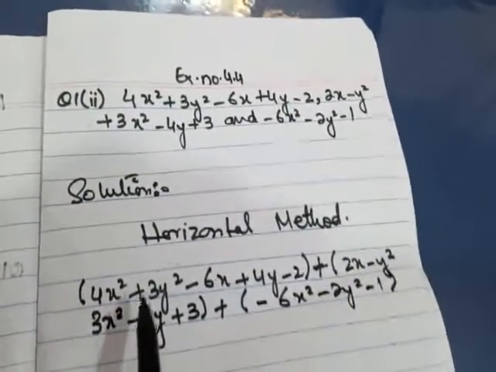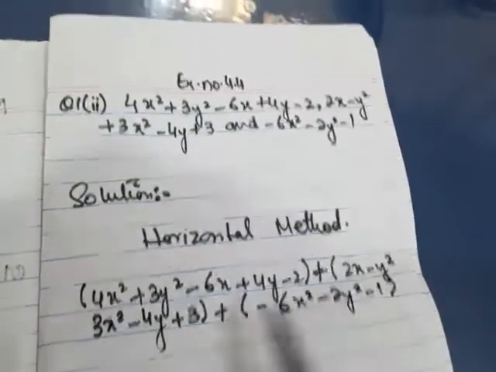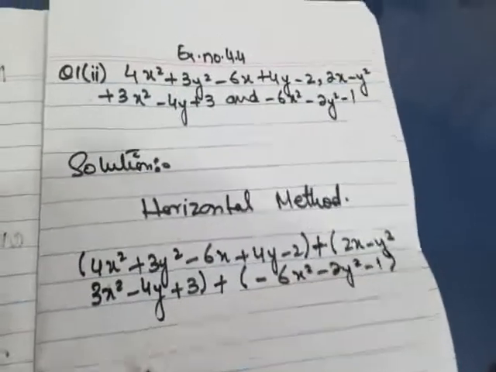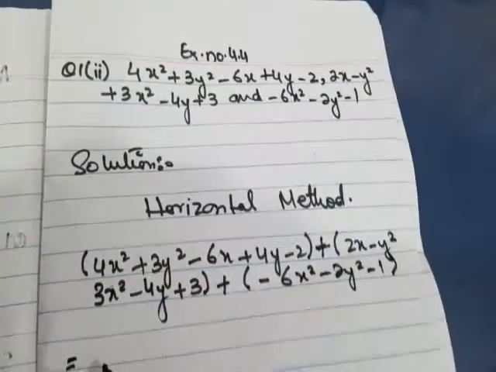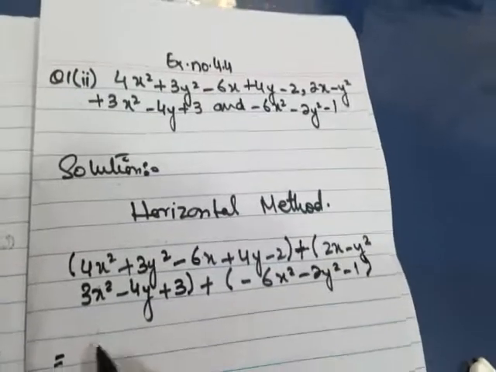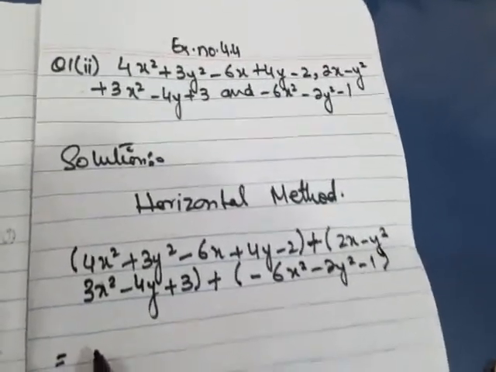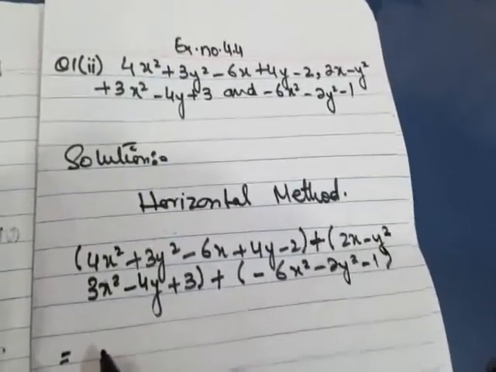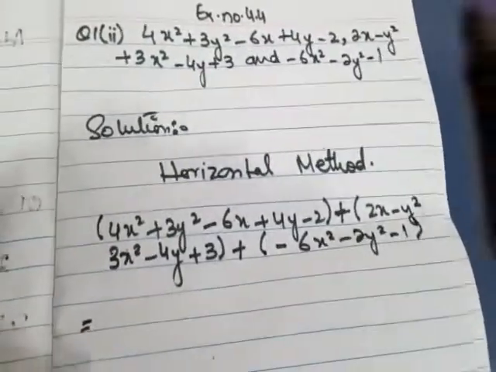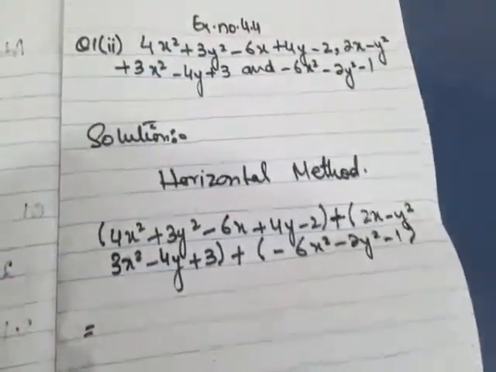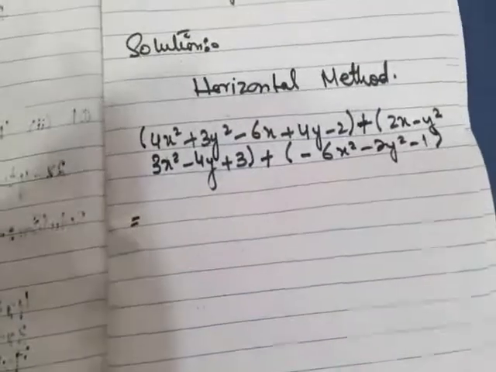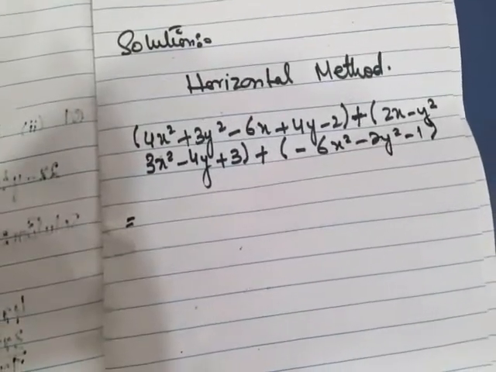After copying all the different expressions in different brackets, in the next step we write the like terms together. As we discussed earlier in the vertical method, in addition and subtraction we only require like terms. So that's why we work on the like terms.